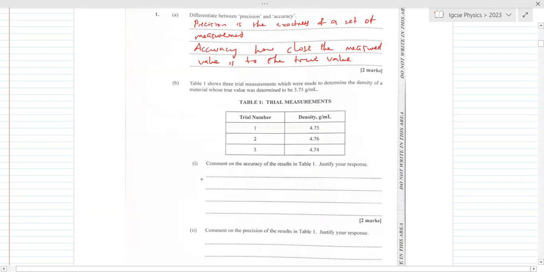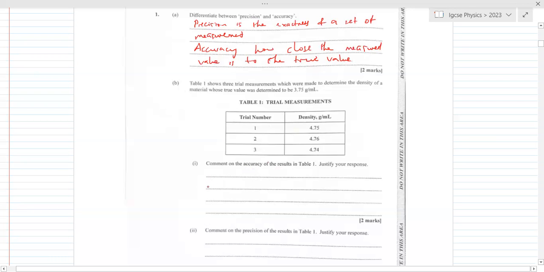Anyways, it continues and says that Table 1 shows 3 trial measurements which were made to determine the density of a material whose true value was determined to be 3.75 grams per milliliter. Now they say comment on the accuracy, and justify your answer.